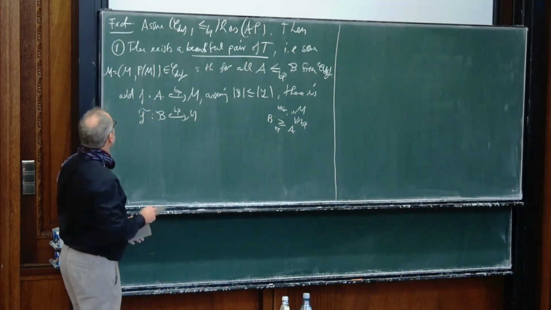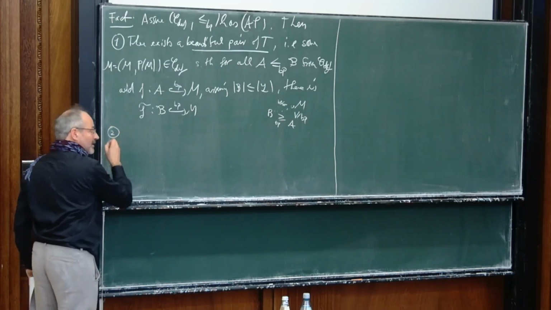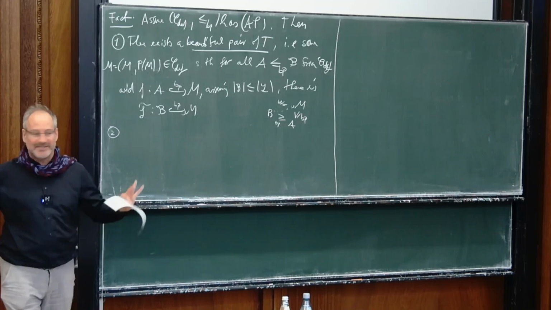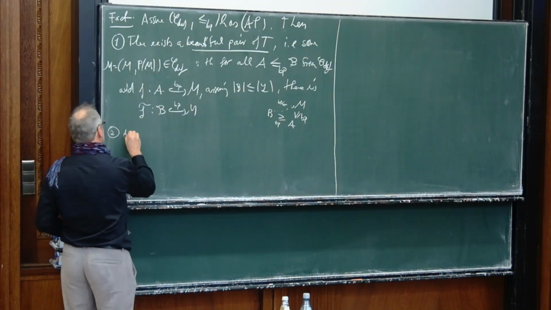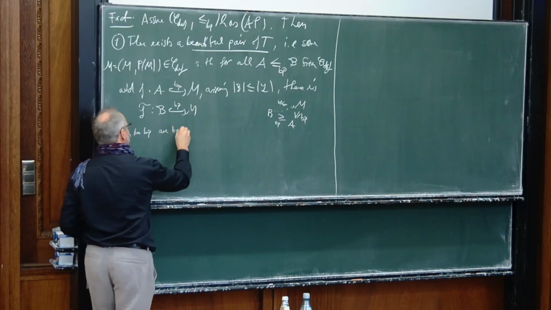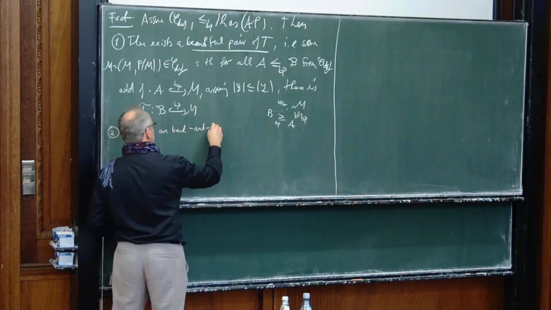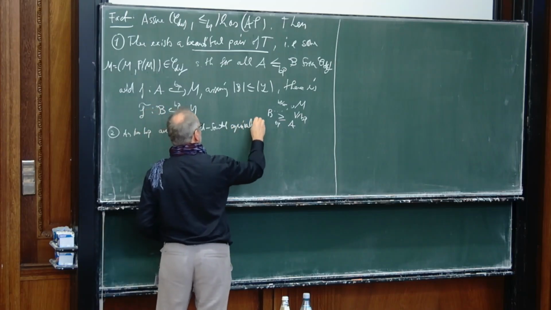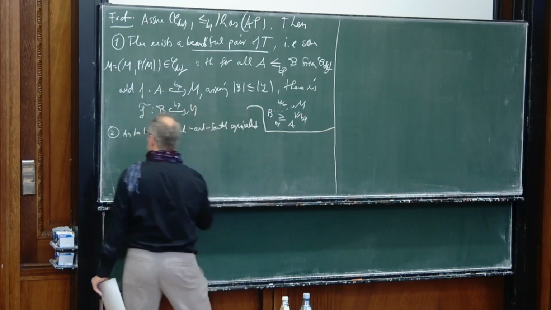Okay, so they exist. Second of all, we have had a lot of talks about back and forth. Any two are back and forth equivalent just by definition. So any two beautiful pairs are back and forth equivalent, in particular elementarily equivalent.